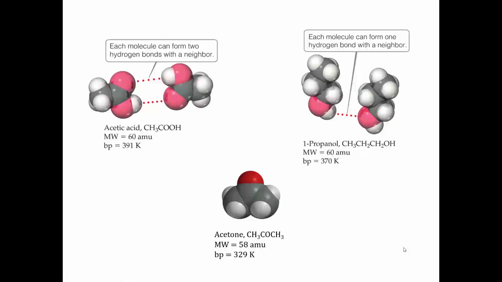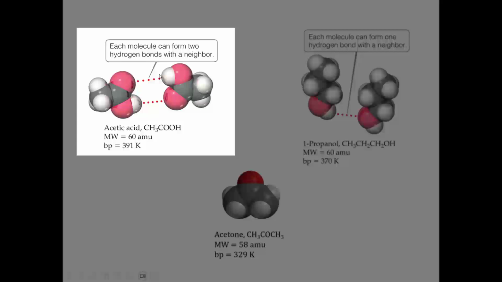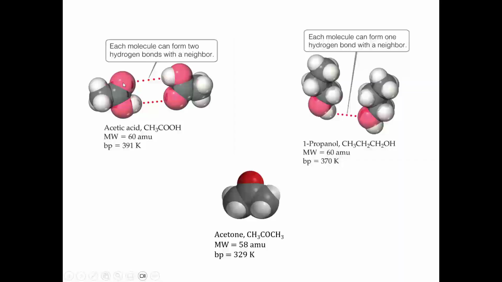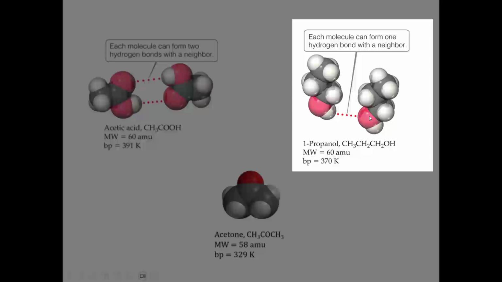We could look at images of these molecules that show the kind of hydrogen bonding we get in the first 2. So in acetic acid, you can see the structure is such that one pair of acetic acid molecules can actually form 2 hydrogen bonds to each other. Whereas in propanol, they can only form 1 hydrogen bond.